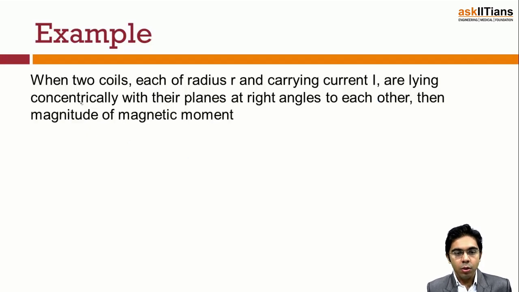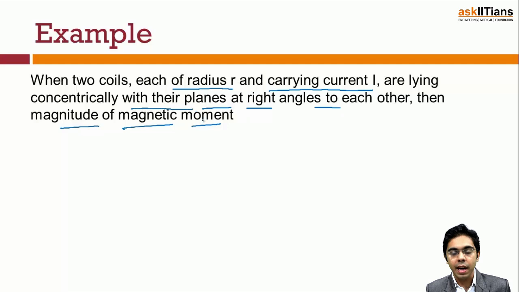Okay, when two coils each of radius r and carrying current I are lying concentrically with their planes at right angle to each other, then find the magnitude of the magnetic moment. First of all, it is given that two loops of radius r are lying concentrically with their planes at right angle to each other. How can we make the figure?